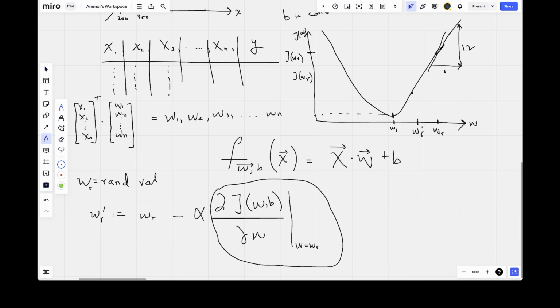In this case, since the slope is positive, this indicates that if I nudge the value of W a bit in the positive direction, the value of J is influenced as well, and it is increased.